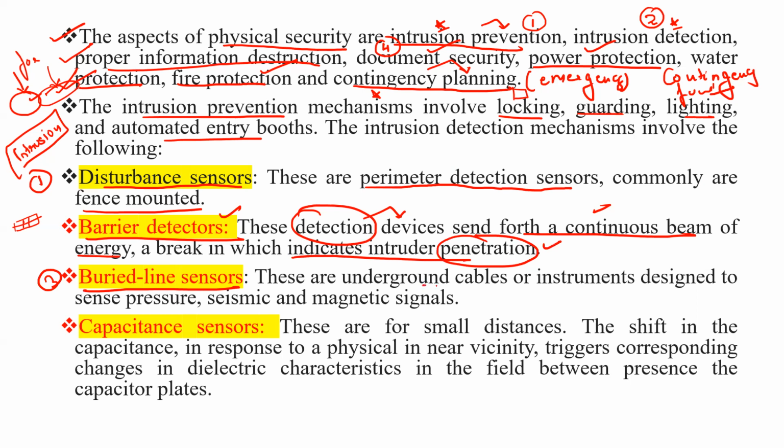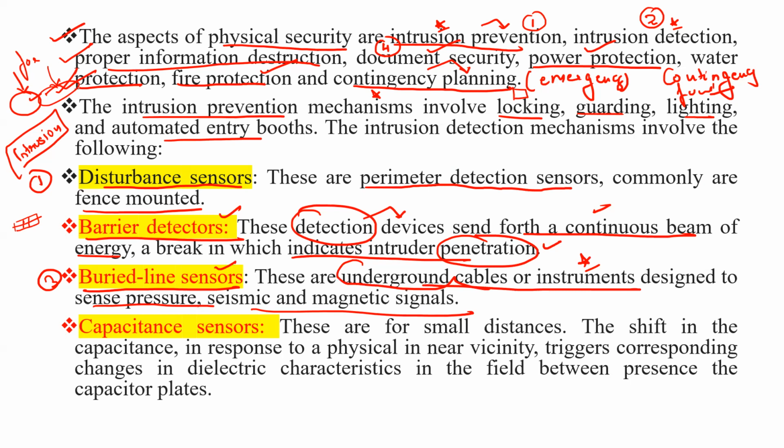Basically, these are underground cables or instruments designed to sense pressure, seismic, and magnetic signals. So these are the underground cables or instruments that are designed specifically to sense the pressure, seismic, and magnetic signals.